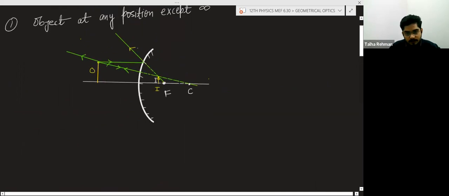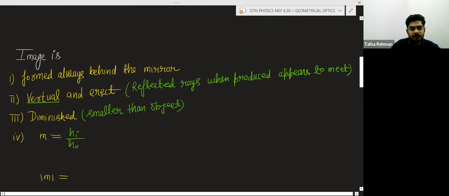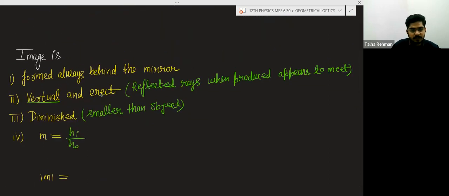So this image is above the principal axis. So sign of the height of the image will be positive. Sign of the height of the object will also be positive. So you will have here positive and you will have here positive. Finally, positive magnification you will get. So remember, for virtual and erect image, the magnification will be positive.